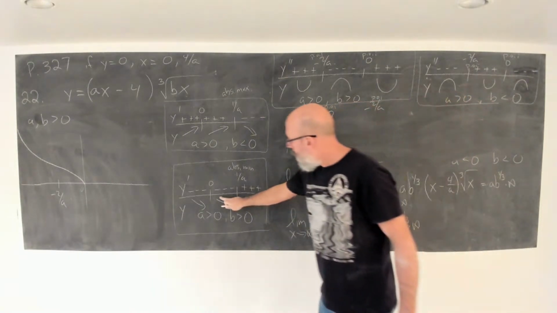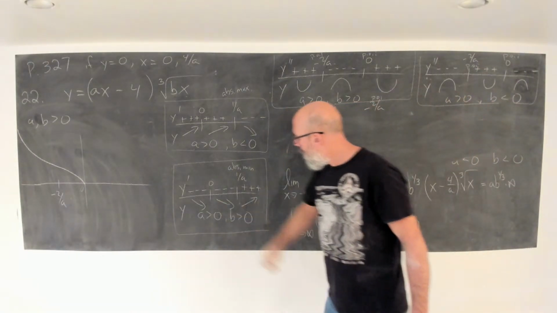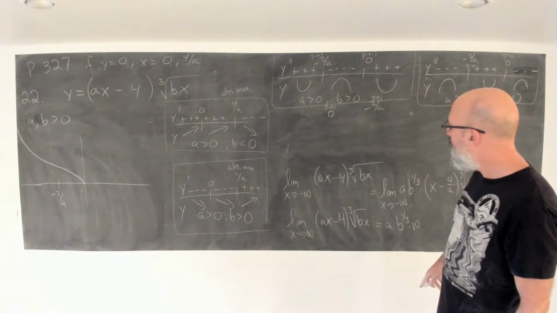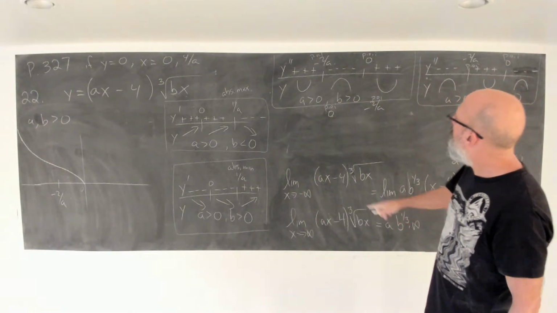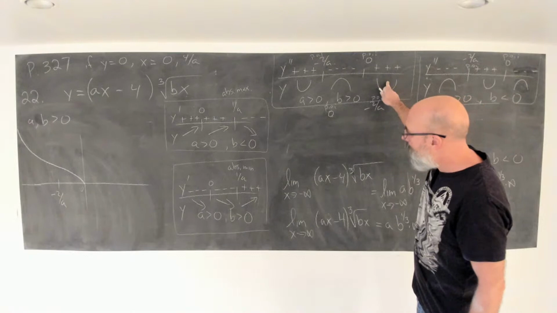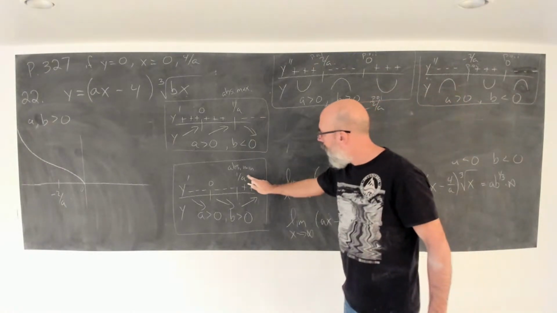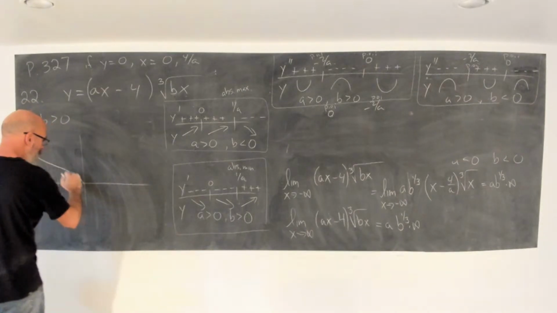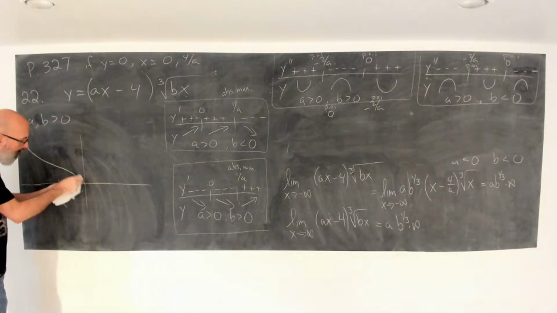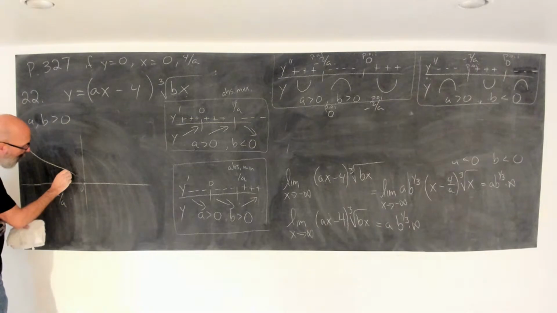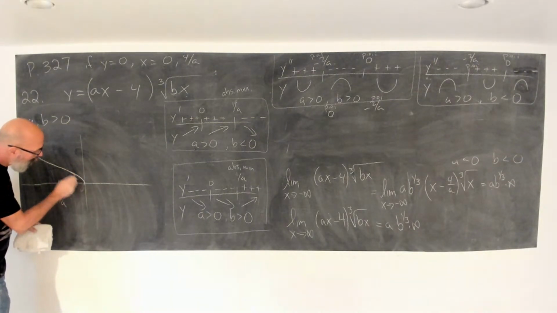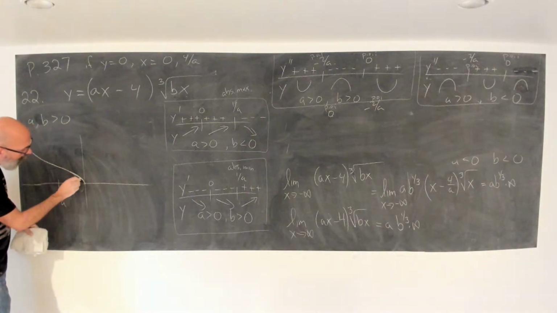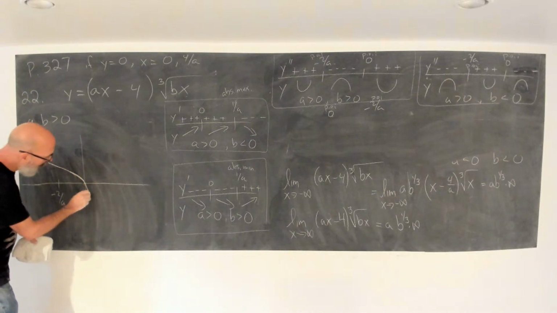After 0, you're still decreasing. Concave up now, all the way to 1 over a. So still decreasing. So not really a cusp. I was a bit hasty in saying that. But a vertical tangent line nonetheless.